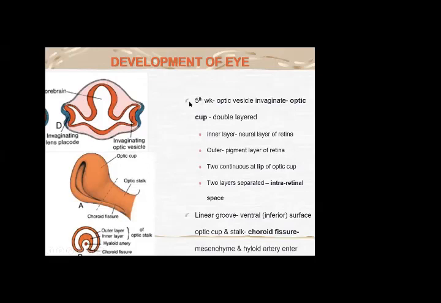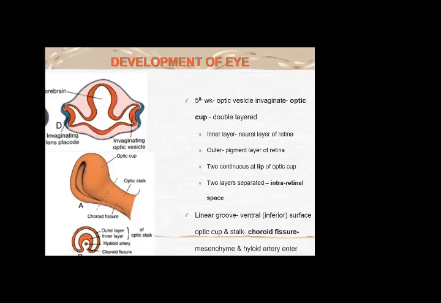I repeat once again. The optic vesicle invaginates and becomes double layered. This invaginated part is called the optic cup. It has two layers, an inner layer and an outer layer. A double layered optic cup.